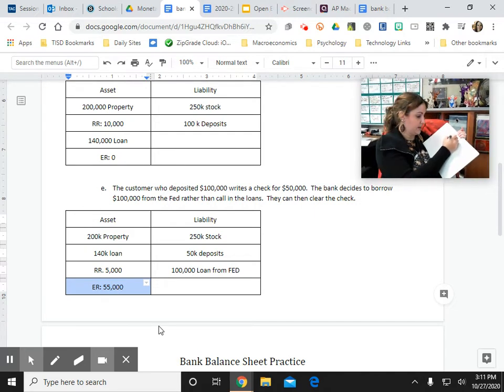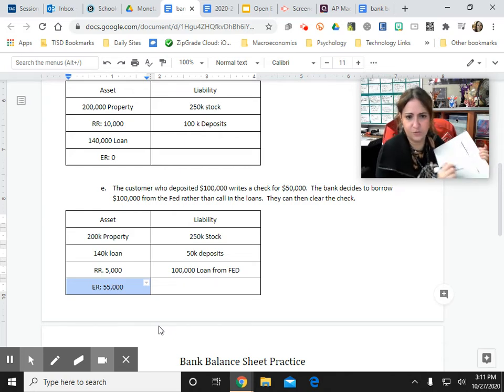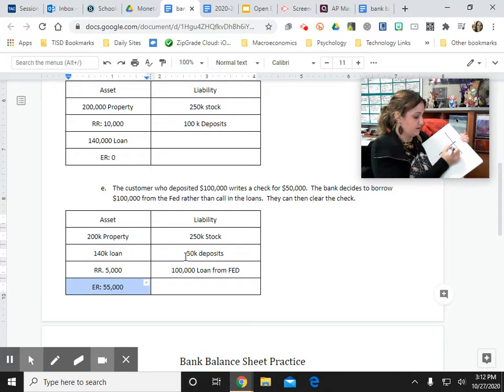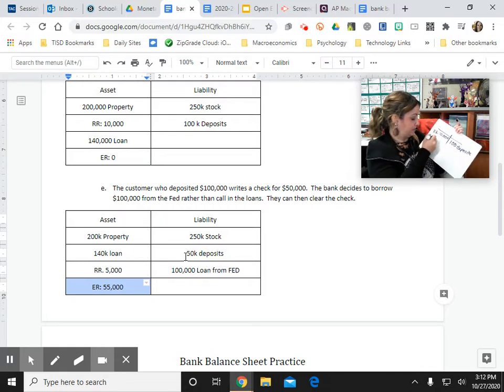I'm going to ignore property, stock, and that $140,000 of loans, since that didn't change. I'm just going to write that it was $100,000 in deposits. We had, in the previous question, $10,000 in required reserves and $0 in excess reserves.